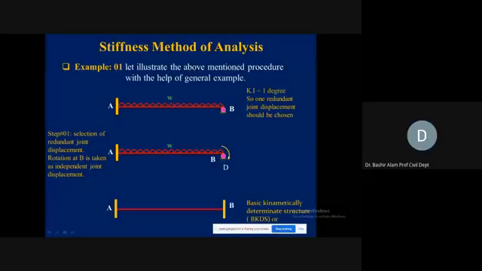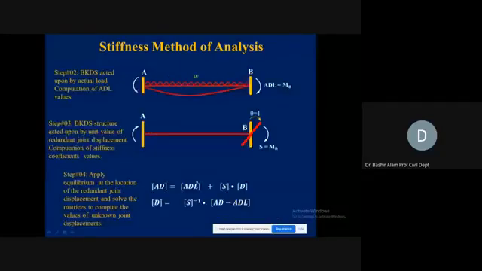If we choose clockwise as our positive direction for this rotation, the corresponding action is in the counterclockwise direction, so our AD1 matrix will become equal to -1 kip/foot because of the opposite direction of this moment.